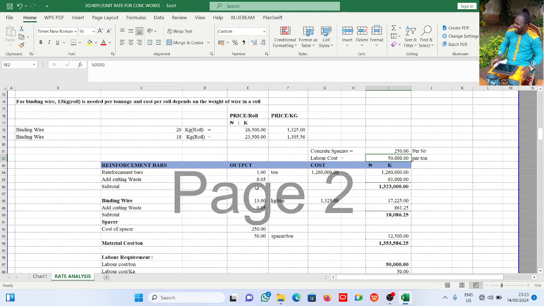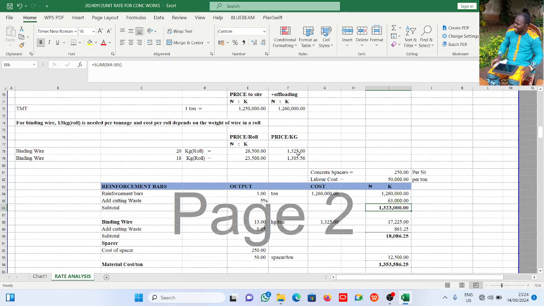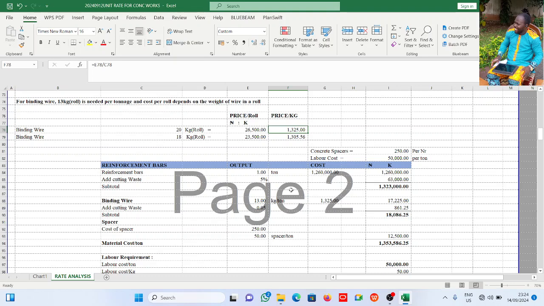All right, now reinforcement bars, 1 ton is 1,260,000, which is what I have here. Add cutting waste of 5%, that gives me 63,000. If I add, I have this. Then binding wire 13 kg. We already know the cost per ton for the 20 kg roll is 1,325. 13 kg per ton times this, we have that.